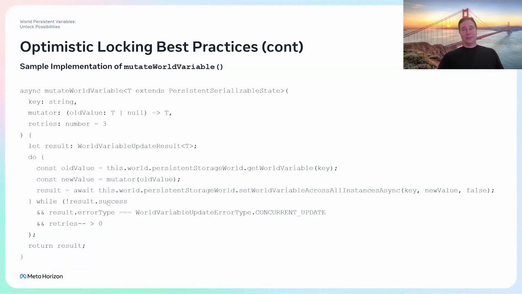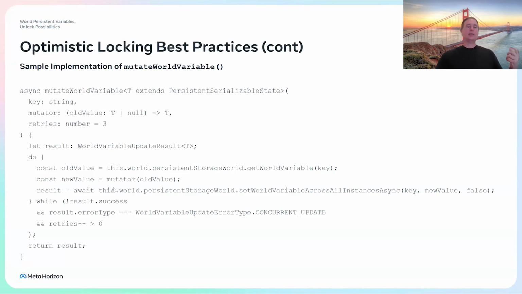And if it was not successful and the error was concurrent update and we have some retries left, do it again. So it'll get the world value, and this cached value will now be updated, because one of the side effects of the set is that it updates our cache. So when we call the get here, we're going to get the new value.